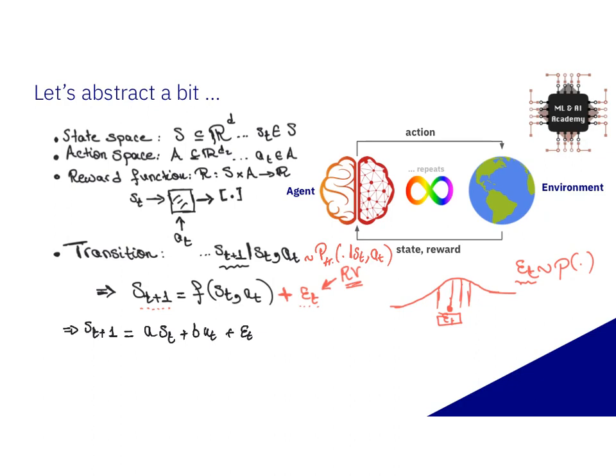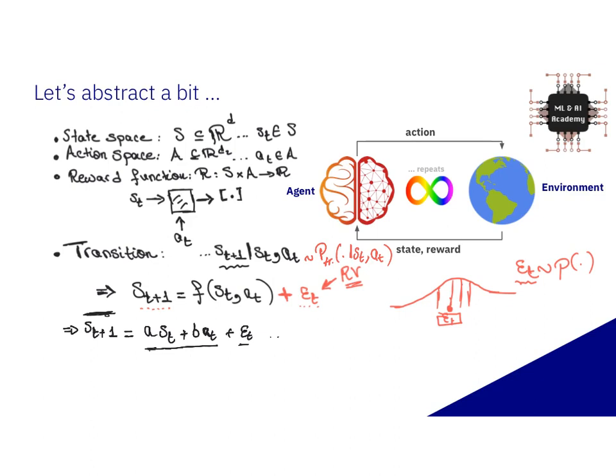So the idea now is that we're saying that st plus 1 is a 1D vector that results from a linear transition where you have a st plus b, sorry, ut should be at here. So that's just the action. And we're going to add some noise to this process, right? So this is going to add some epsilon t, some noise to this process.